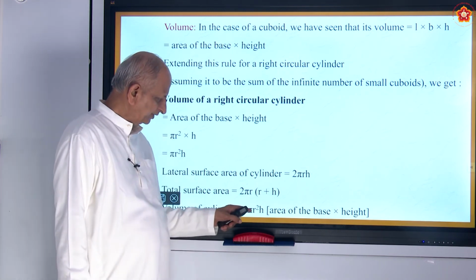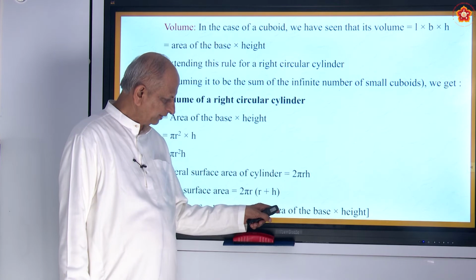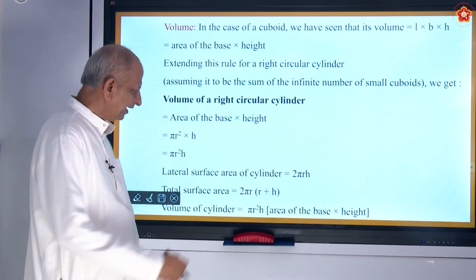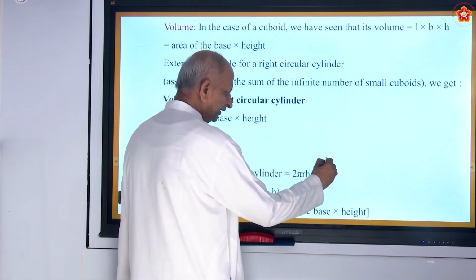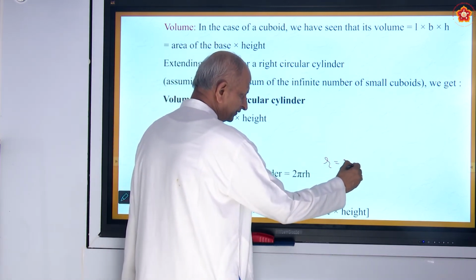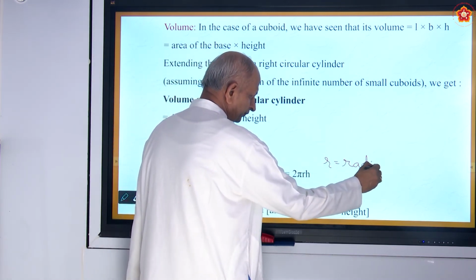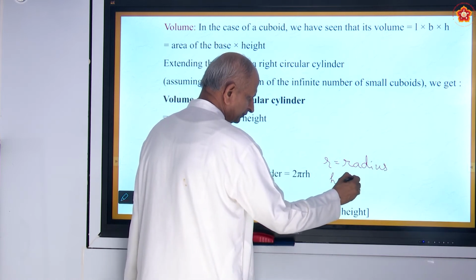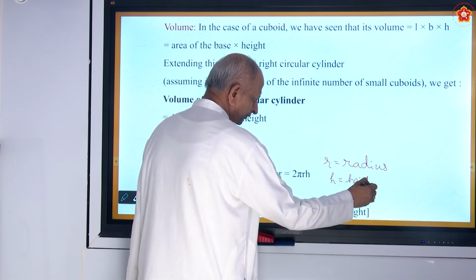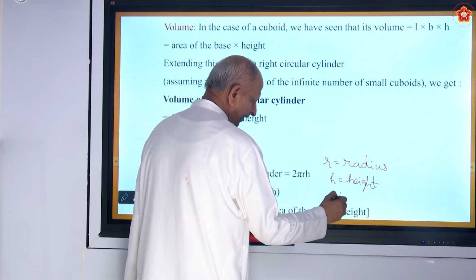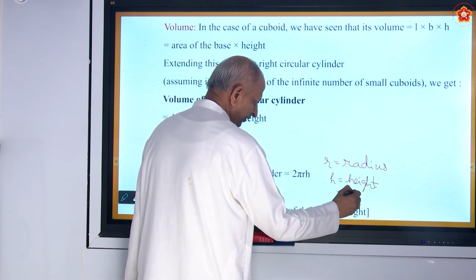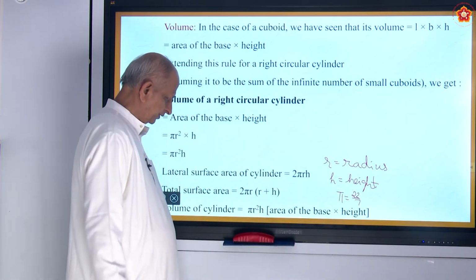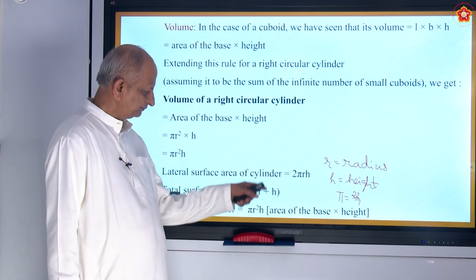Volume is pi r square h, or it can also be area of the base into height. What is r? Here r is radius. What is h? h is height. What is pi? 22 by 7, that is the approximate value of pi.